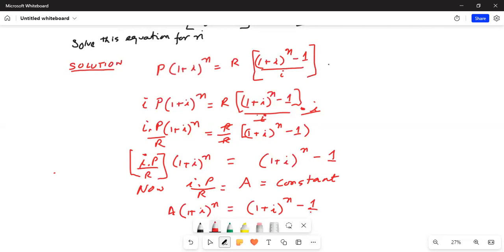Now, what I will do now is add 1 on both sides. But before I do that, let me create some space for myself.